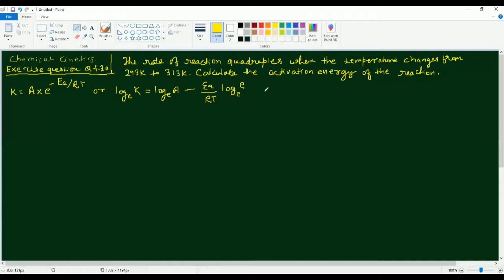So for two temperatures, let this be condition 1, let this be condition 2. So for 293, let it be K1. For 313, let it be K2.